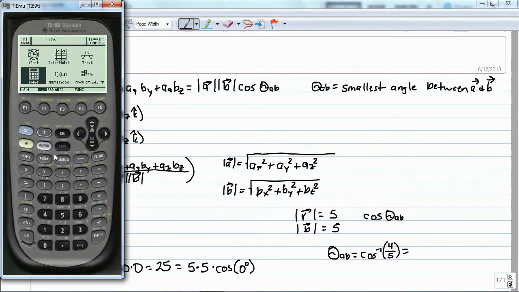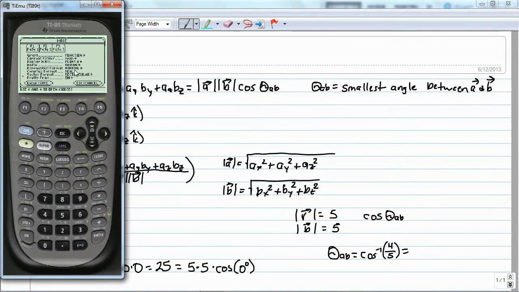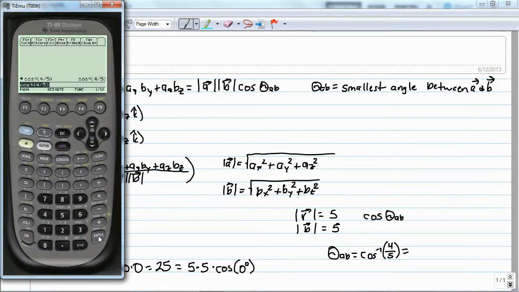And let's make sure we've got this in degree mode. So we're going to have the arc cosine of 4 divided by 5. And that's about 36.87 degrees.